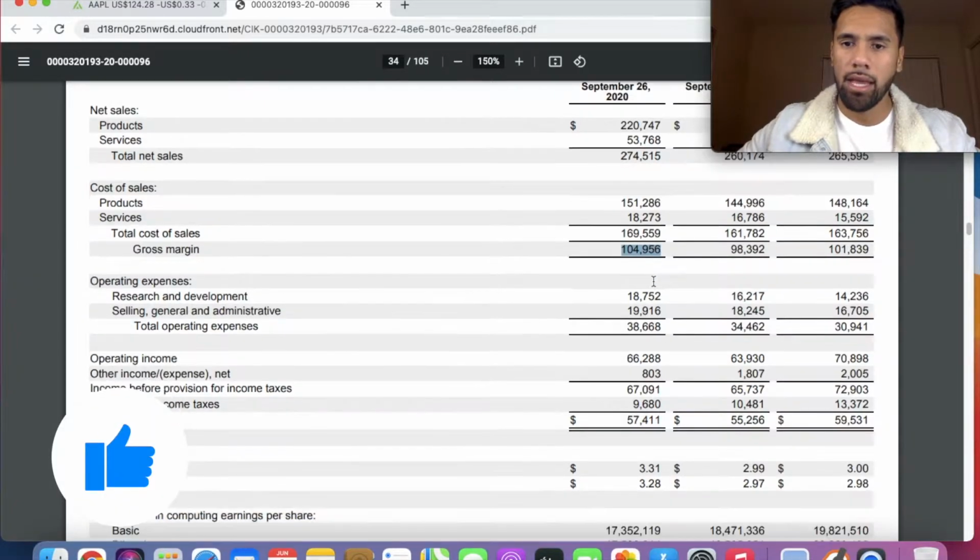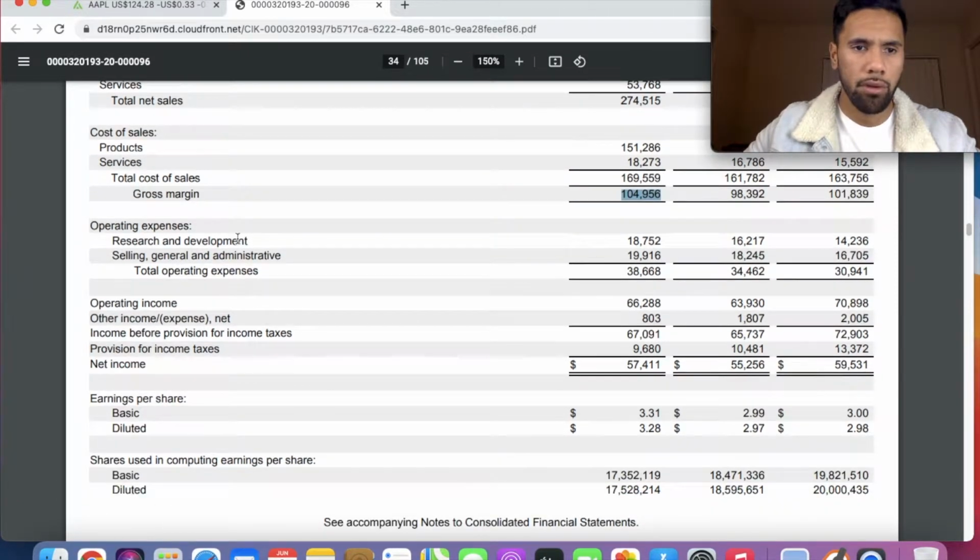And then as we move down a little bit further, we'll see operating expenses: R&D, selling, general and administrative, and then total operating expenses. You get down to your operating income. This is also known as EBIT.